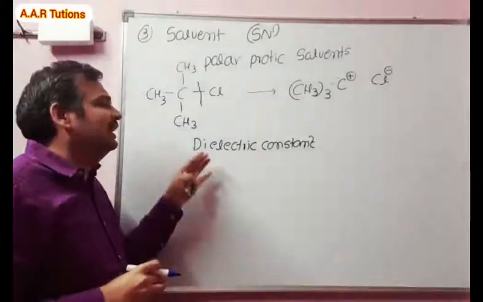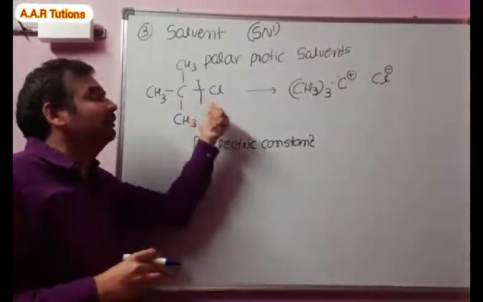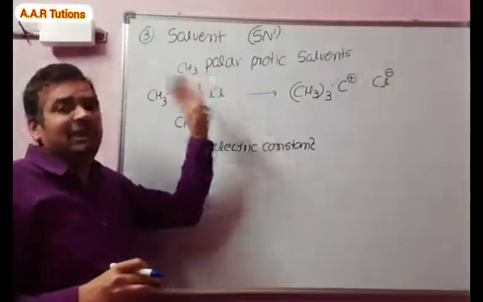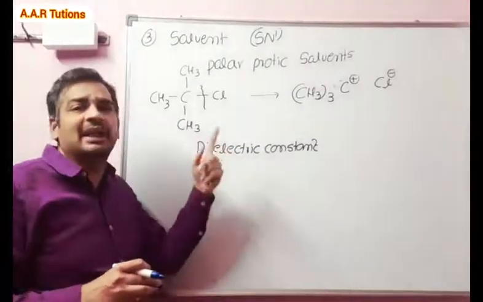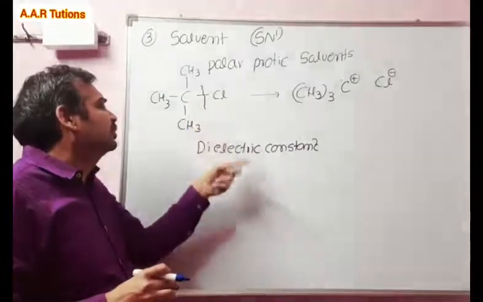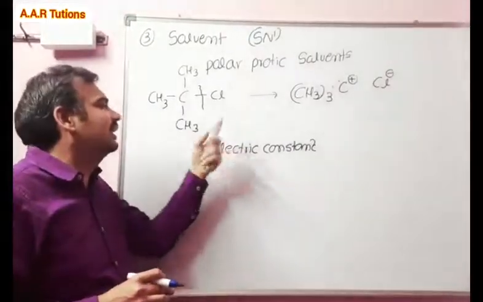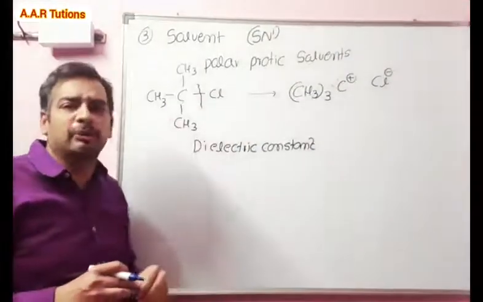If the solvent has a lower dielectric constant, it will take some time to cleave this bond. So more dielectric constant favors SN1 reaction. In general, polar solvents which have high dielectric constant readily polarize this C-Cl bond to give the carbocation.